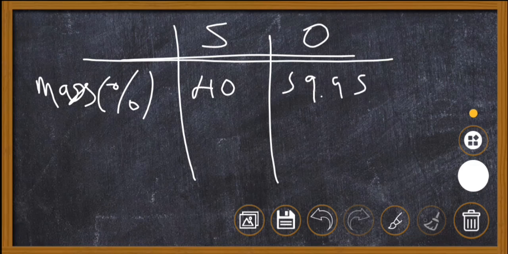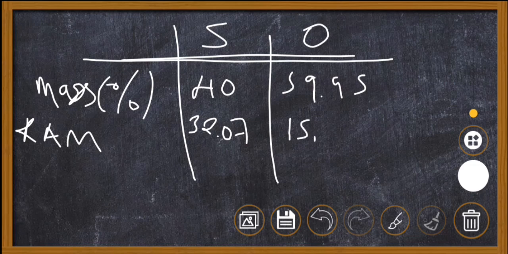After we are done with this, we have to write their relative atomic mass numbers. These are the values found on the periodic table. For sulfur we have 32.07, and of course for oxygen we have 15.99, or 16 as rounded off in other books.